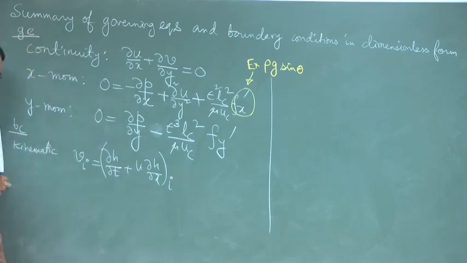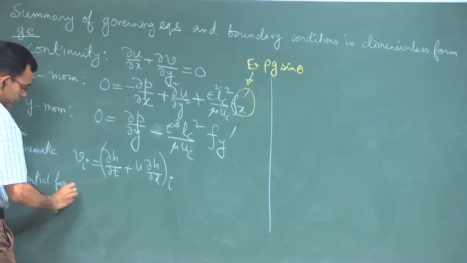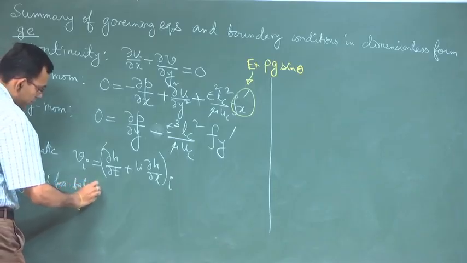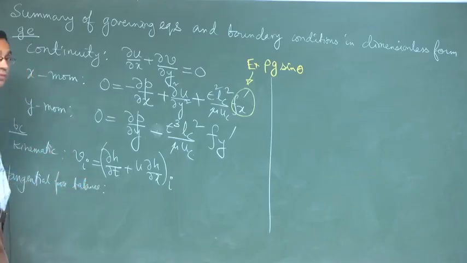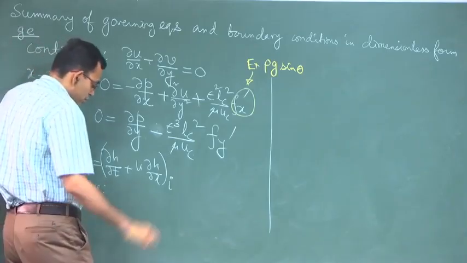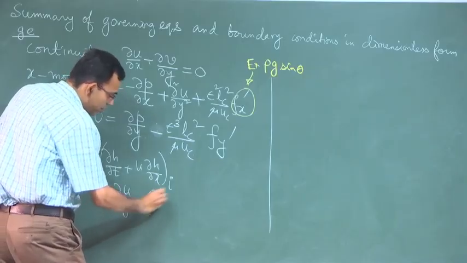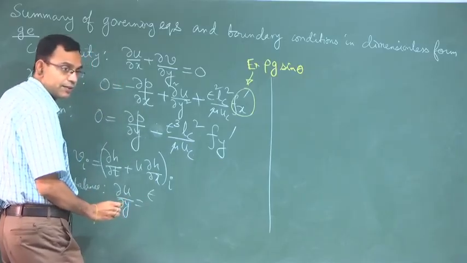Then tangential force balance, so del U del Y is equal to epsilon by capillary number, right.